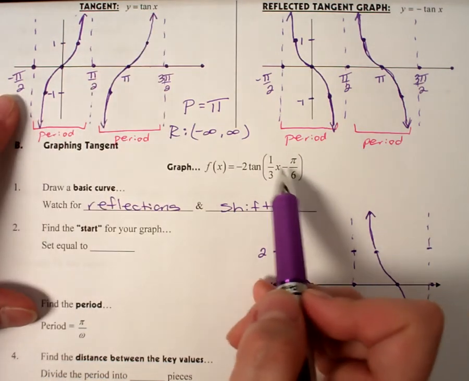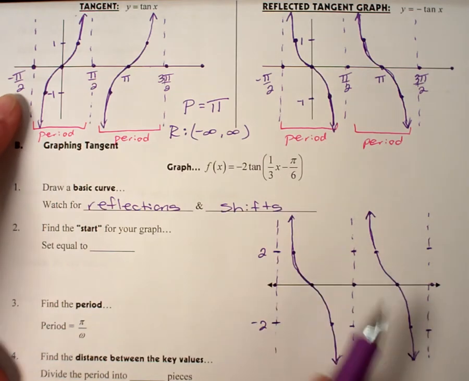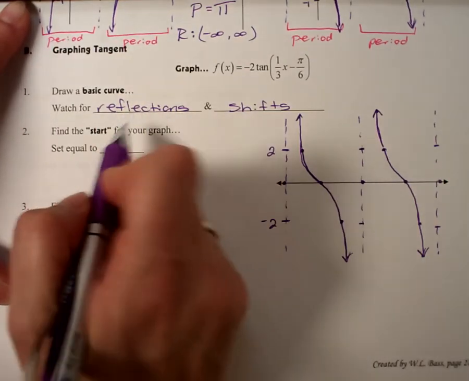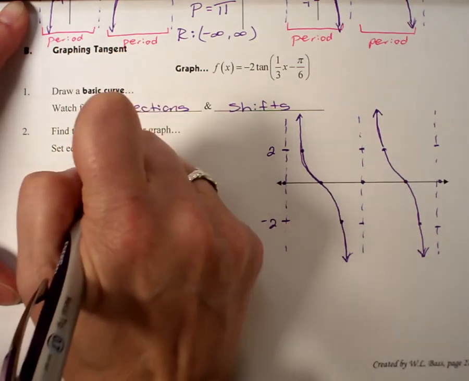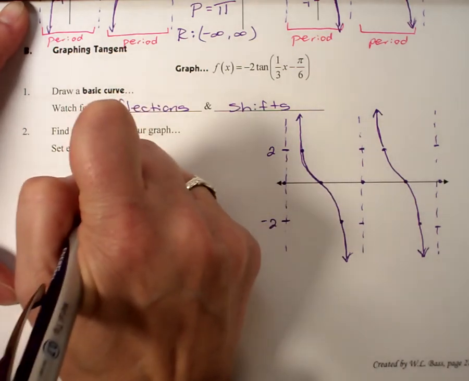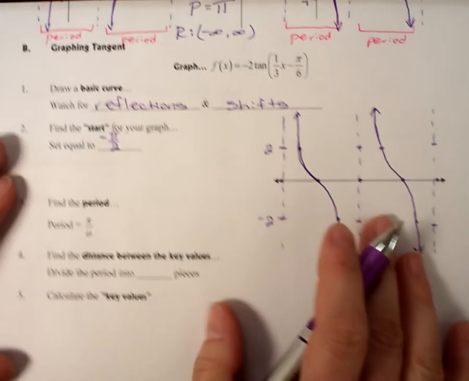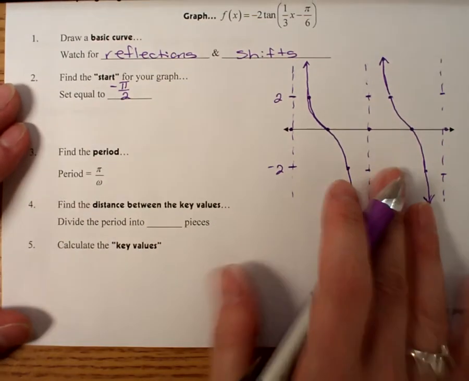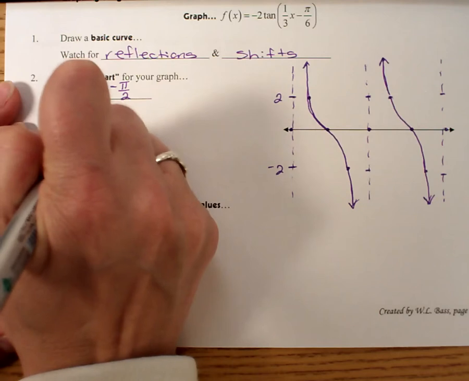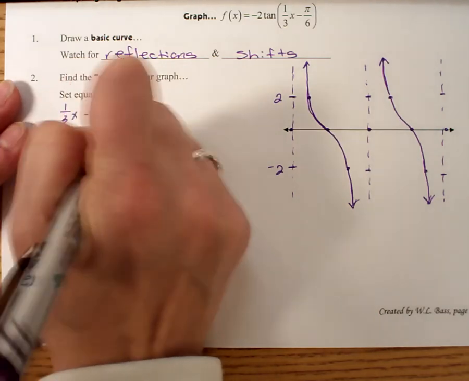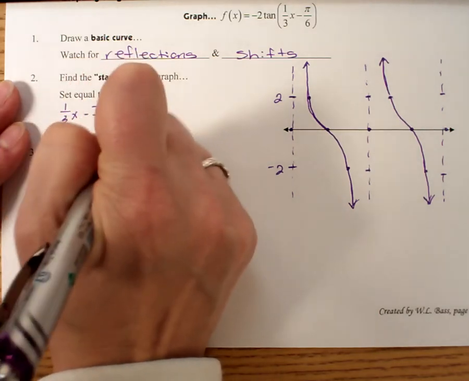So we're going to compare this to the parent, which would have been -π/2. So when we say find the start, that means that first point. So I'm going to say -π/2 is what we need to set this equation equal to. So I'm going to write 1/3 x minus π/6 equals -π/2.